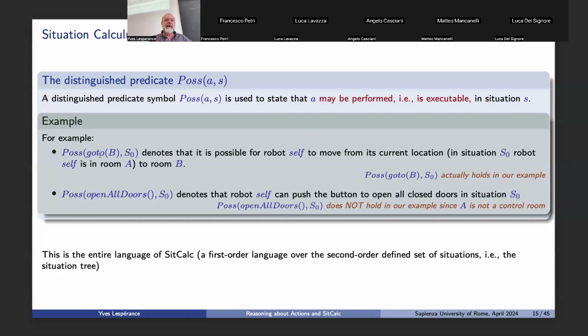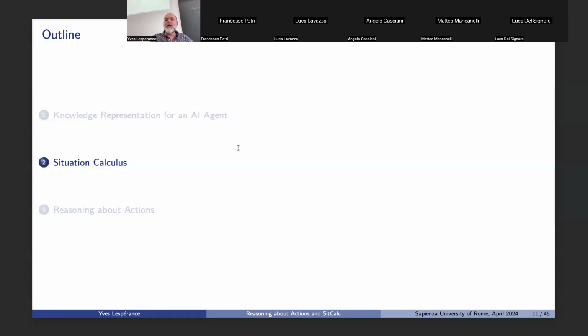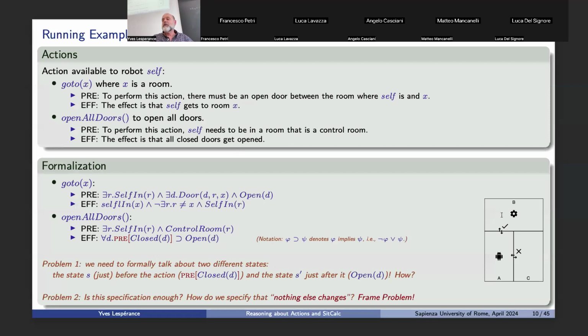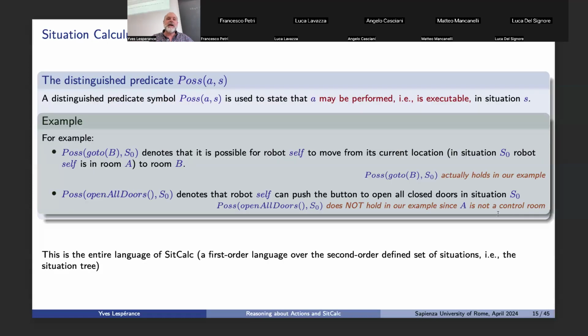If it is true that Poss go to B, S0, this means that the robot can move from whatever current location it is in to room B. In fact, this is true, because the robot is here, the door is open, and B is connected to room A. So he's in room A now, he can go to B, and afterward he will be in B. So Poss go to B, S0 should be true.